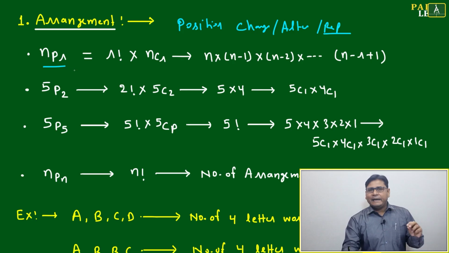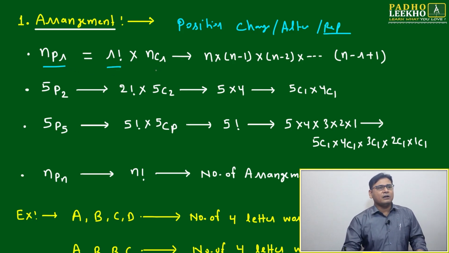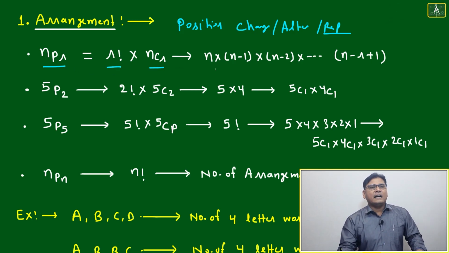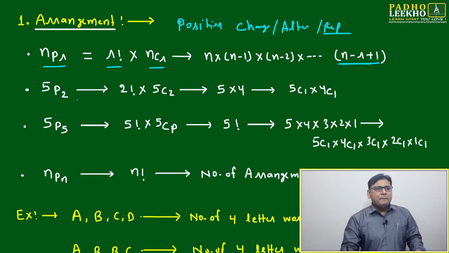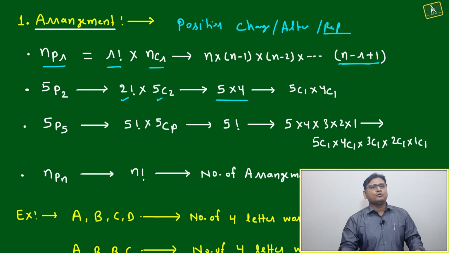Mathematically, it is shown by nPr, which is equal to r factorial into nCr, that we can write like n into n minus 1 into n minus 2 till n minus r plus 1. You can say consecutive multiplication. Like 5P2, you can write 2 factorial into 5C2, means you can directly write 5 into 4.